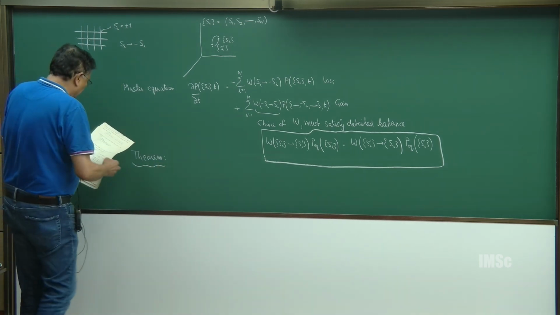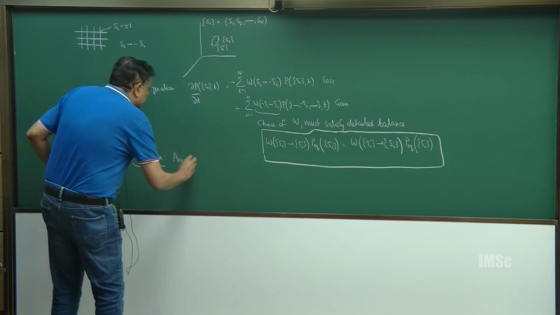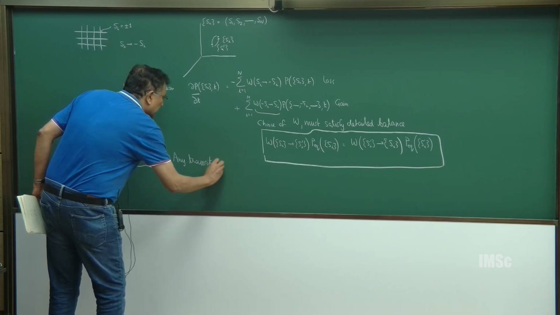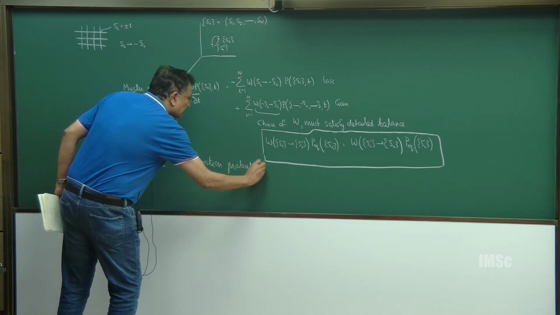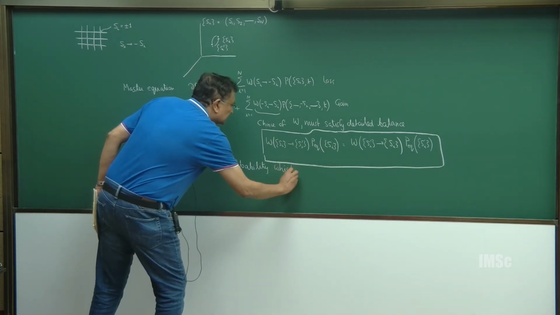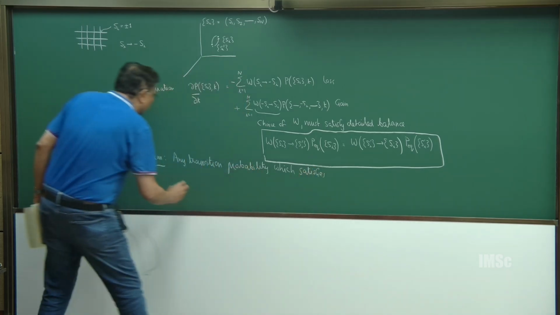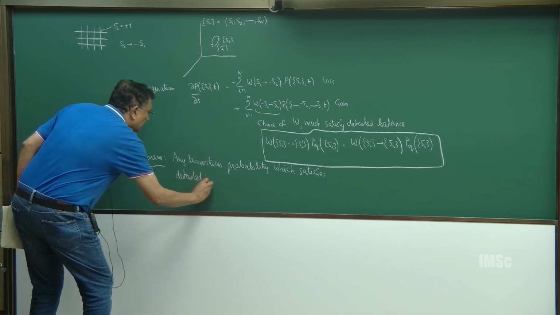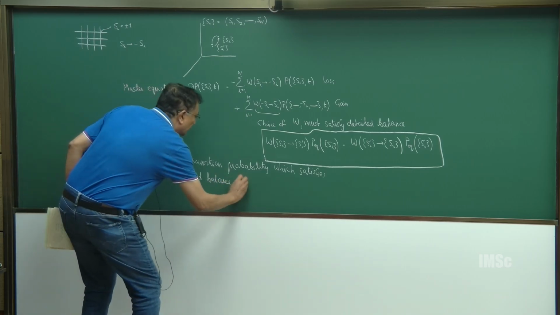And the theorem is the following, that any transition probability which satisfies detailed balance drives the system to equilibrium.